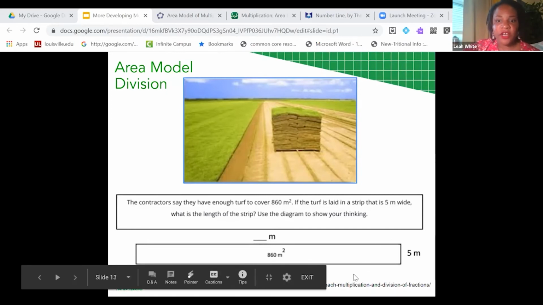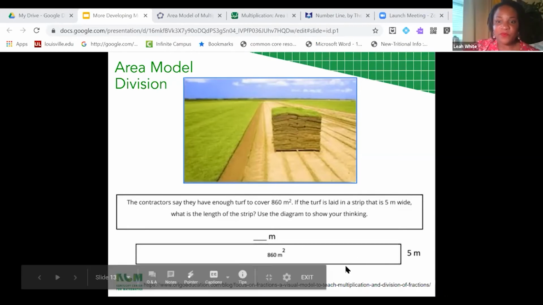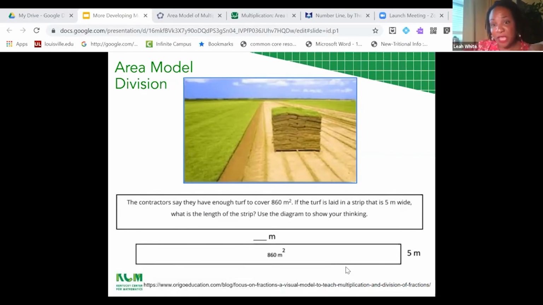Anyone else want to share a way to think about this problem, or how we can think of partial products with this problem? Well, adding on to Cindy, if we had 1,000, it would be twice of that, and then we could subtract off to get back to the 860. Definitely. So that's using the strategies students already know and are familiar with to get to these different types of problems, to get to the division, to get to the multiplication.